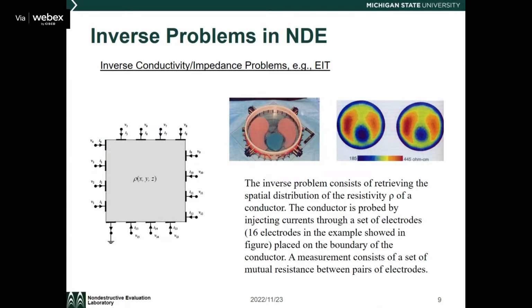But anyway, I will do this hybrid teaching, and I'll leave this to you. I hope you can spend a significant amount of time on offline reading, understand the lab sessions, and do this offline. But for EIT, simply speaking, this is called inverse conductivity, which means that you have an object to reconstruct.